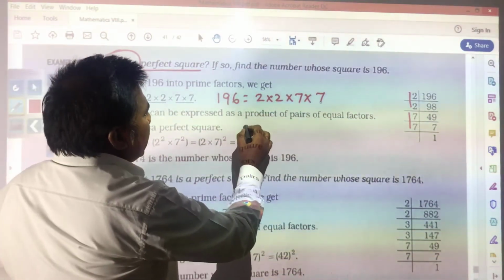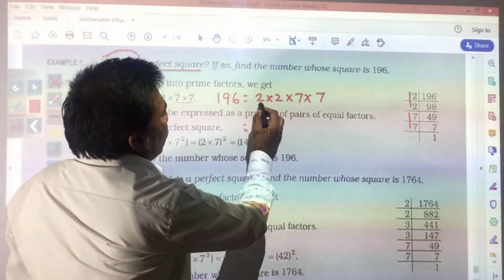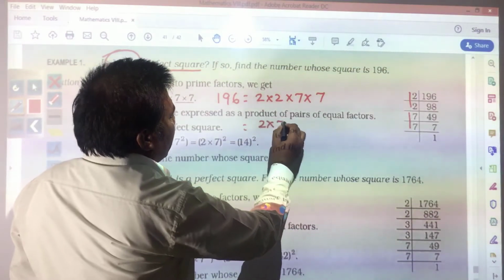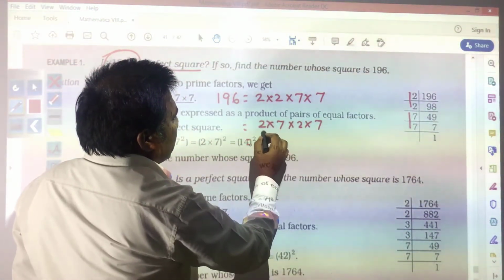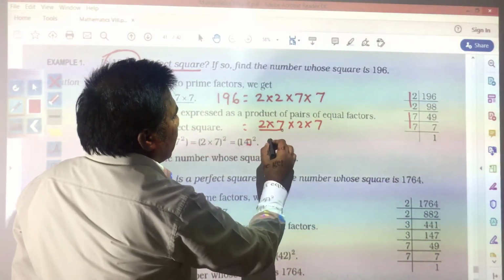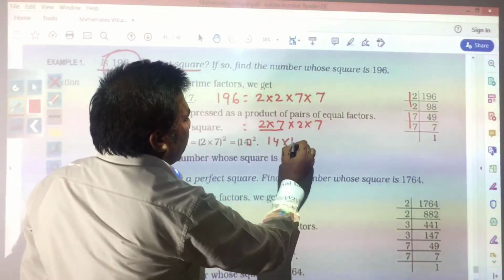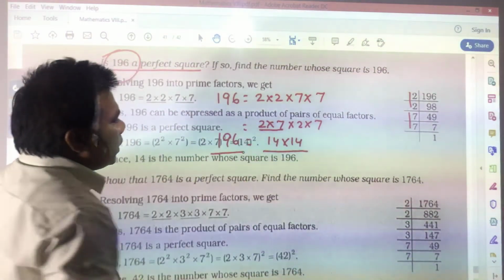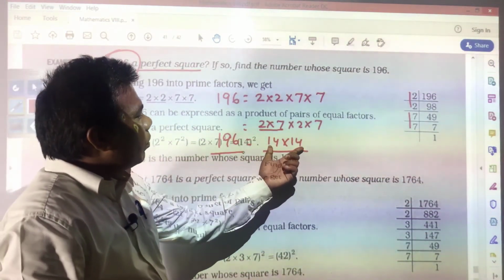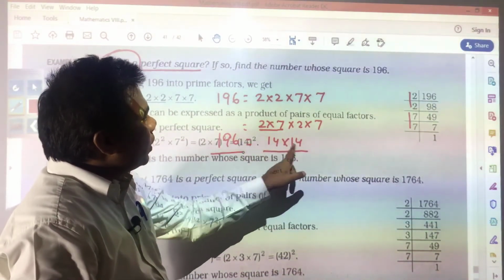Now, this can be written as 2 into 7 into 2 into 7, which is 14 into 14. So, this number 196 has been expressed as the product of equal numbers.